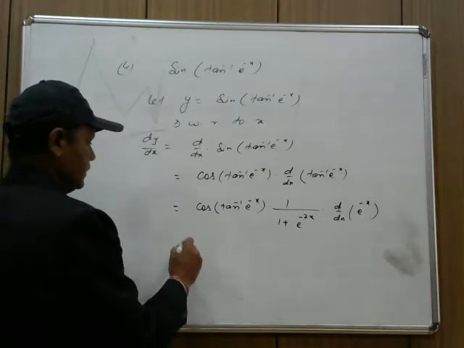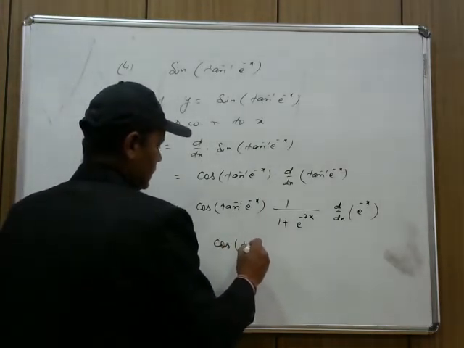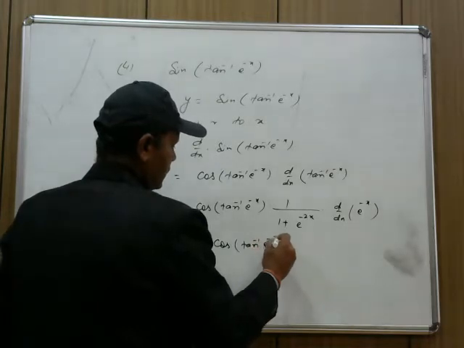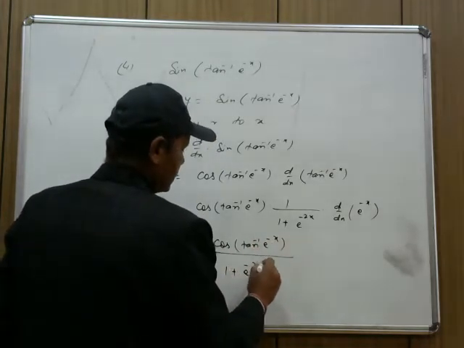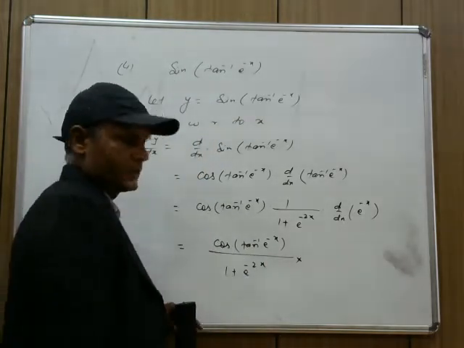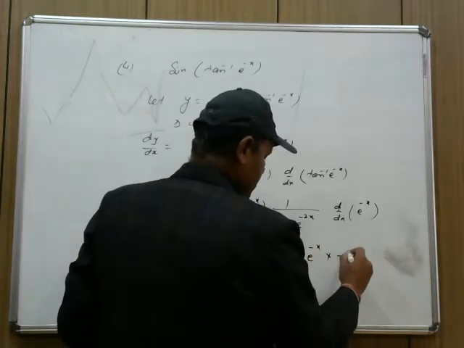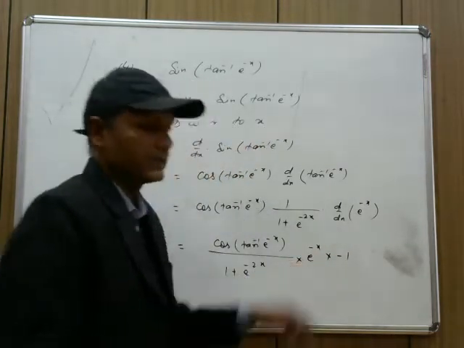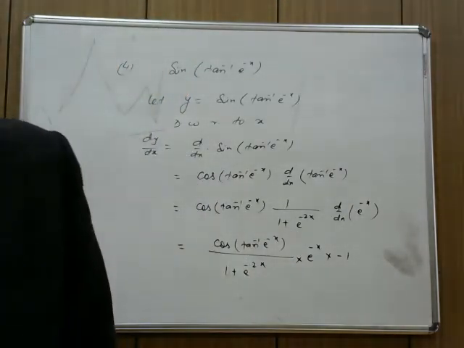Right? Now, can I write cos tan inverse e to the power minus x whole divided by 1 plus e to the power minus 2x into differentiation of e to the power minus x, e to the power minus x into minus 1, because here it is minus x, and therefore differentiation of minus x will have minus 1.